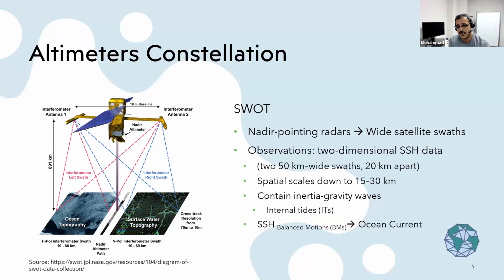It should be noted that it's only balanced motions that have impact on long-range ocean transports. And if we want to use the gradient relationship to derive ocean currents from sea surface heights, sea surface height should just include the balanced motion components.